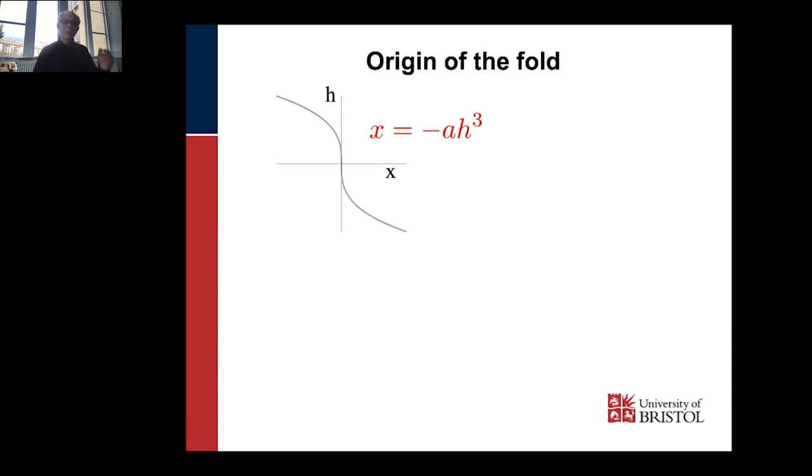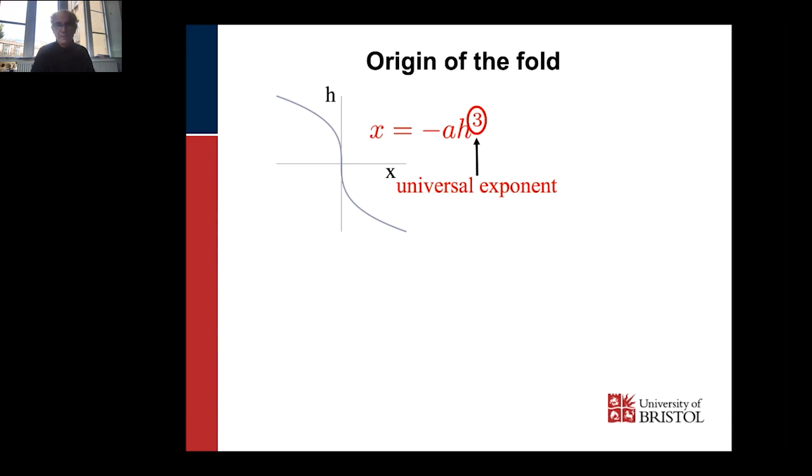And it's clear that this place where the fold first appeared must be one where, in fact, the interface has just become vertical, which means that up to shifts, x goes like a times h cubed. And again, in this situation, there is some universal exponent that governs the transition from no fold to having a fold.